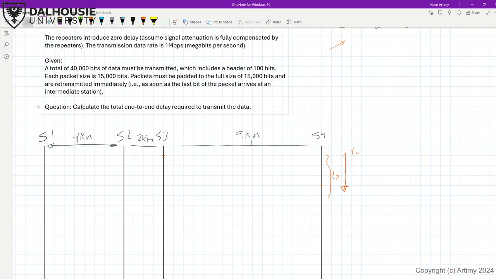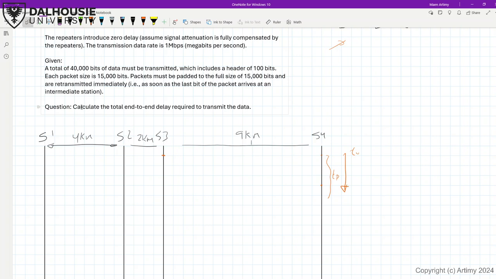Then what's given? A total of 40,000 bits of data must be transmitted, which includes a header of 100 bits. So if we look at how network layers work, the application will send the data to the transport. The transport will add a header and send the data to the network and so on, right?